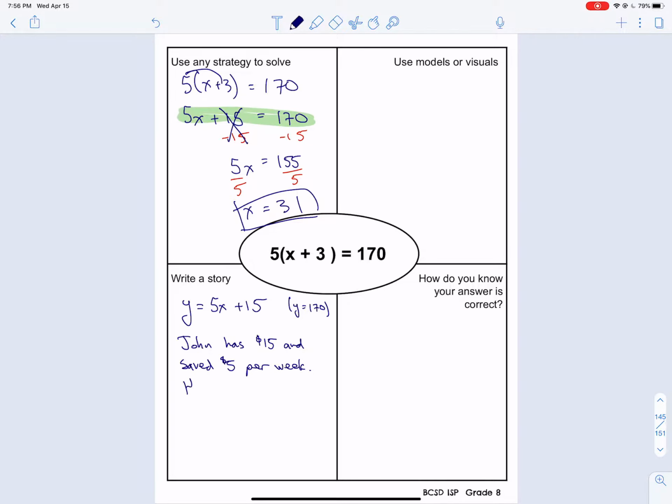Okay, how many weeks will it take for John to get $170? And that's it. Okay, so the answer is 31 weeks.